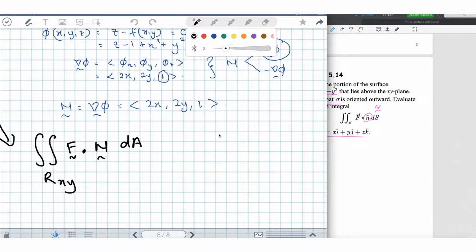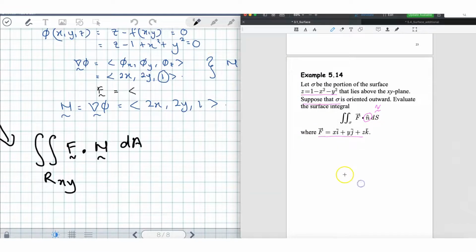So the f given, just copy from the question. So the f is x, y, and z. So when you apply the dot product, you have to multiply the component f with the component n. So you have 2x squared plus 2y squared plus z dA for the region on xy plane.